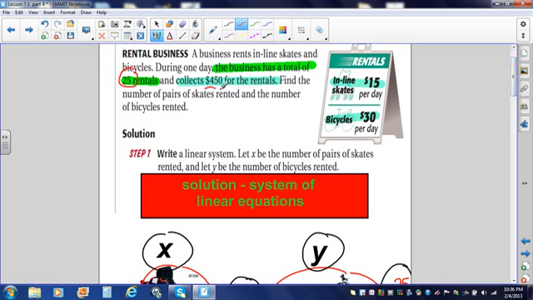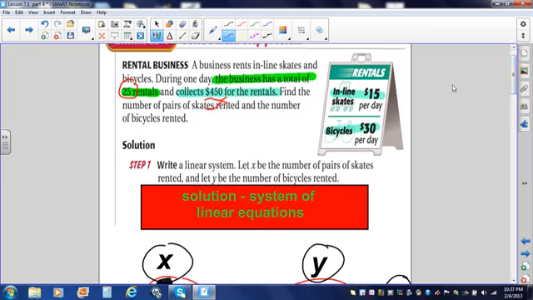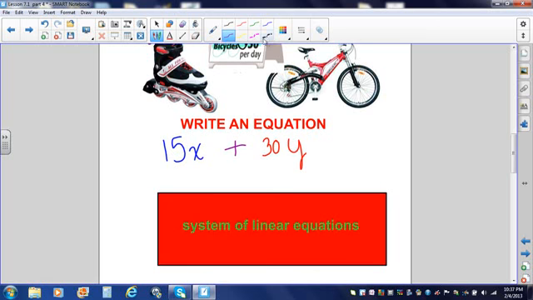They told us in the problem in one day they collect $450. So the money from the skates plus the money from the bikes has to equal $450.